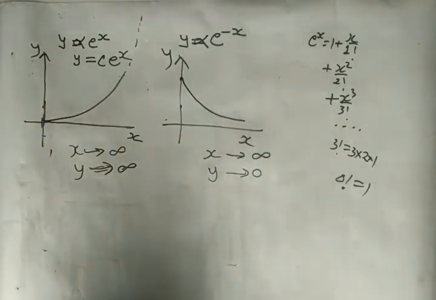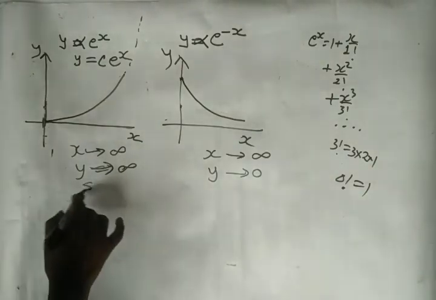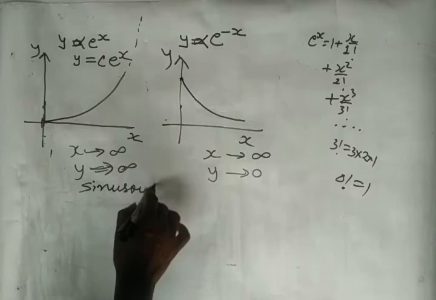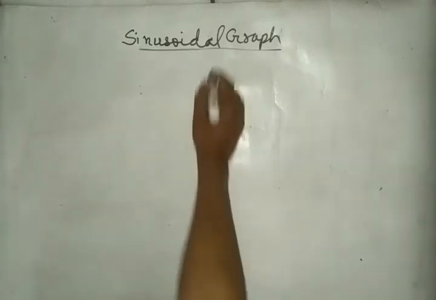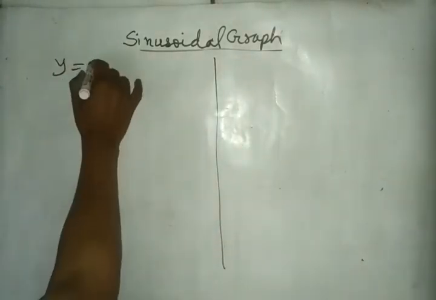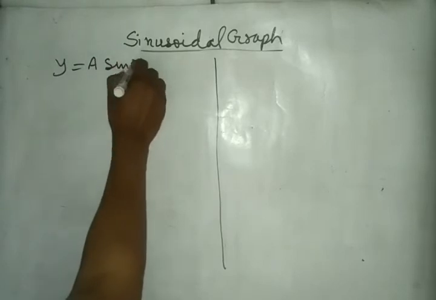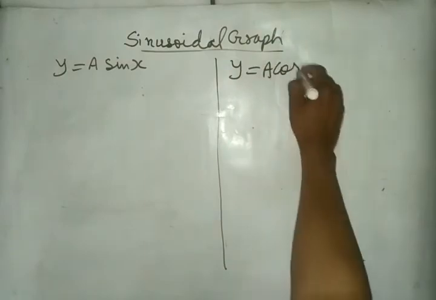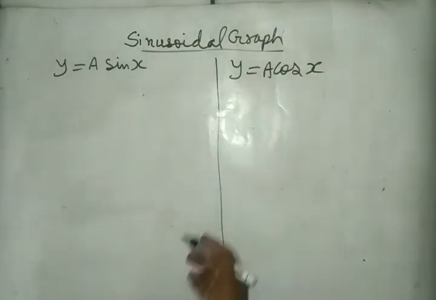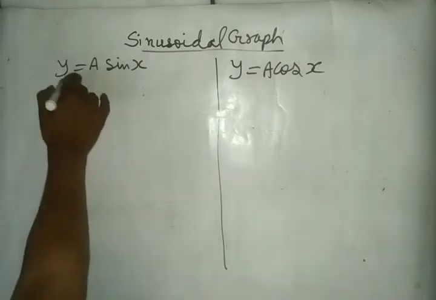There are some other graphs also. One is the sinusoidal graph. So if y equals some constant times sine x and y equals a cos x, where the constant is as usual, as I was telling you earlier.